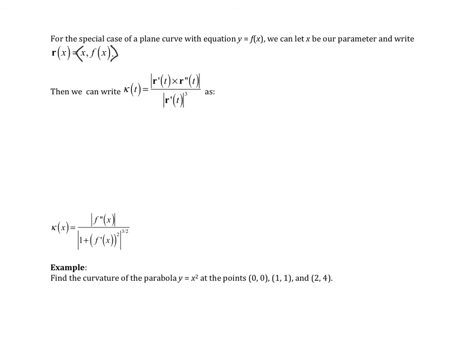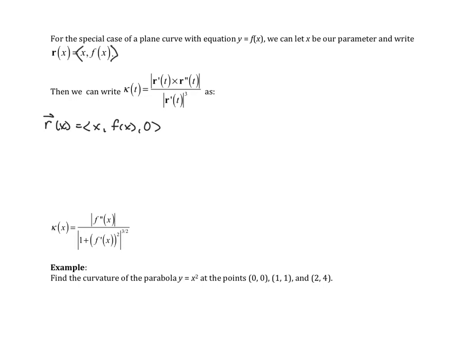Okay, well, I'm going to take this to the 3rd dimension since all of our other curves so far have been in 3 dimensions. And we would write the vector valued function r of x is going to equal x, f of x, 0.